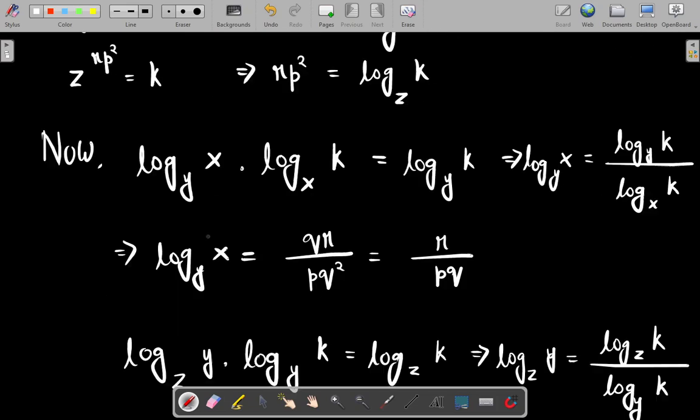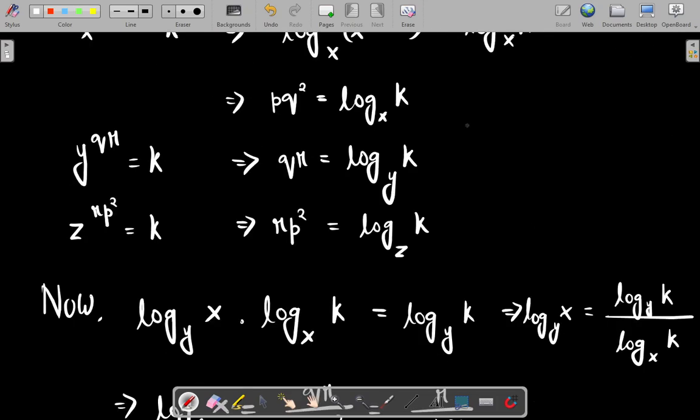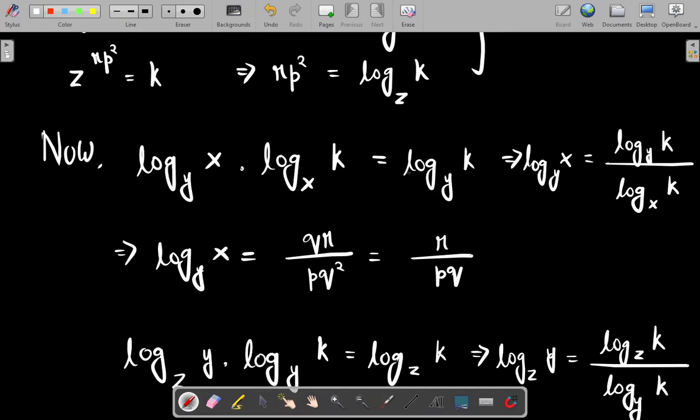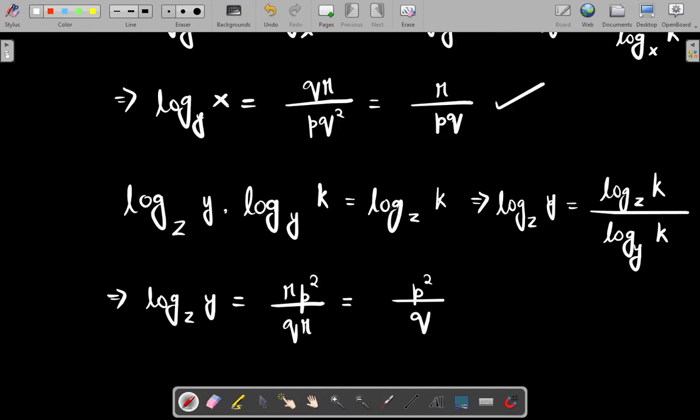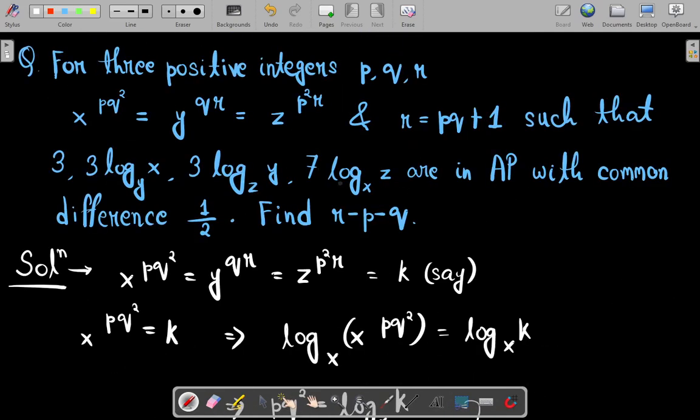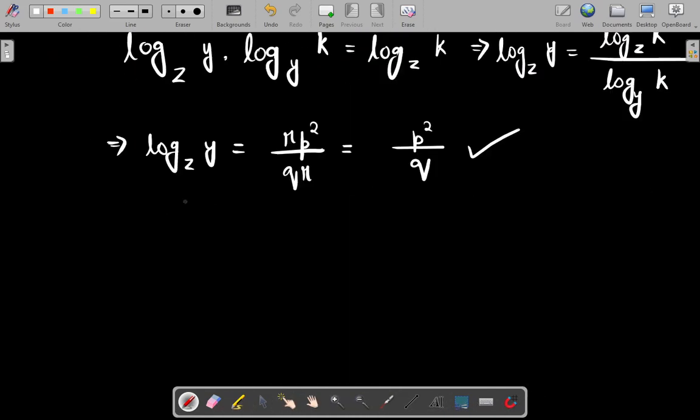Okay, so these are the first two equations we have got, right? Now we need to find this value, log z base x. Okay, so log of z base x, again this will be log k base z, this will become log k base x, right?